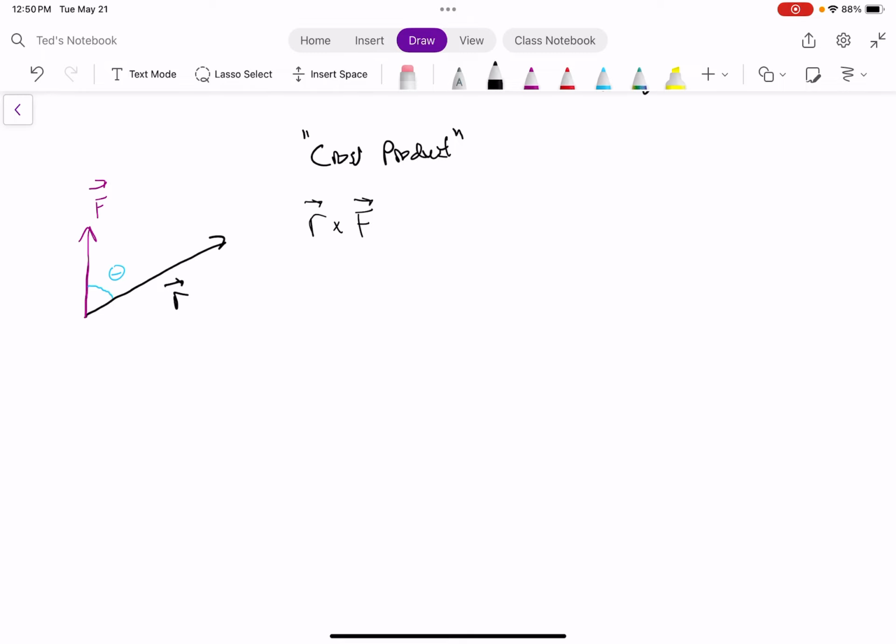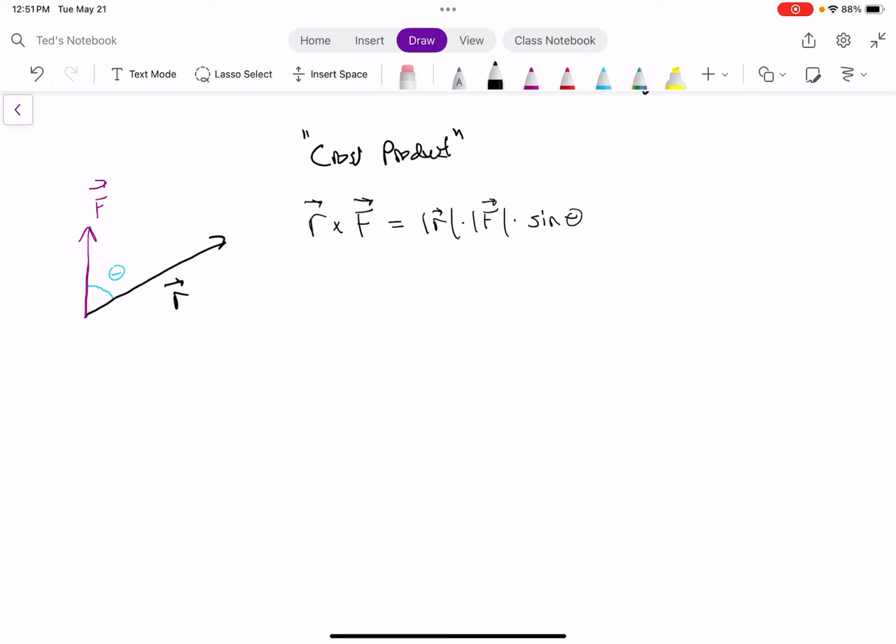Notice the multiplication symbol here is an x. So with vectors, a dot product and a cross product are two very different things. They have very different meanings. The answer to the cross product is a vector, with a length equal to the length of the r vector times the length of the second vector times the sine of the angle between the two vectors.